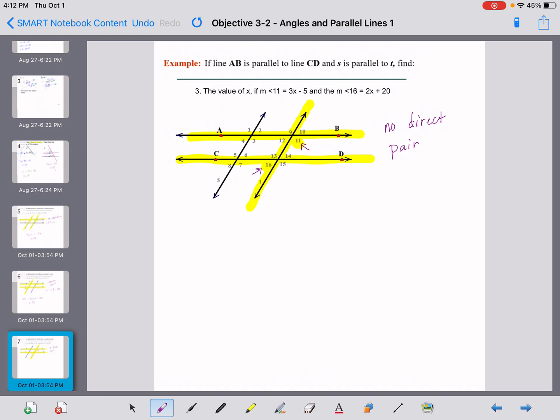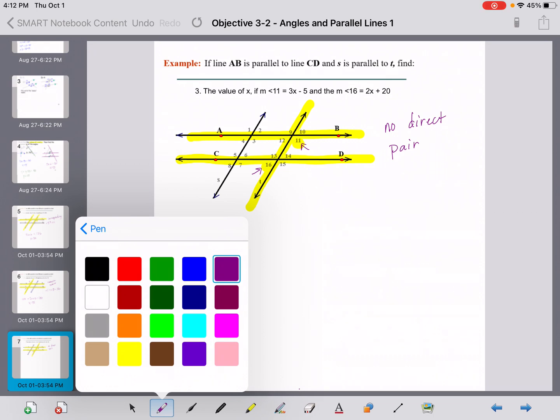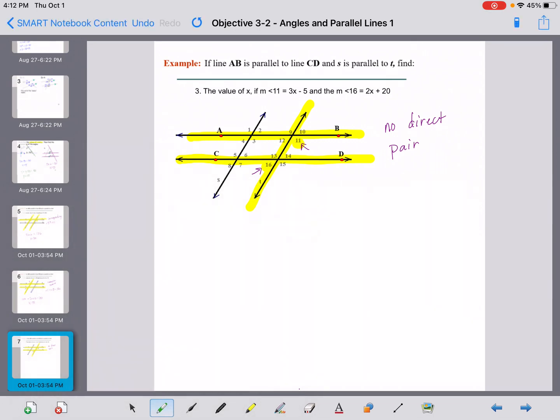So let's see. 11, so let me ask you this. There's a couple of different things you can do here. Look for an angle that has the same measurement as 11. All right? So we could look at, and I'm going to mark these with a different color. So these are my possibilities that I can choose from. 9 has got the same measure, and 15 has the same measure as 11, right?